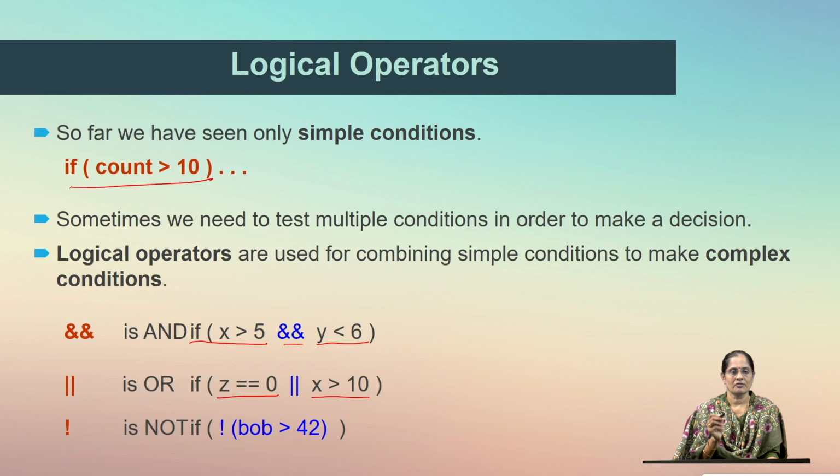It means if either one of these conditions becomes true, then the statement becomes true. The last one is the logical NOT operation. This is used to check a condition like if Bob not equal to 42. The condition result can be negated using the logical NOT operator.